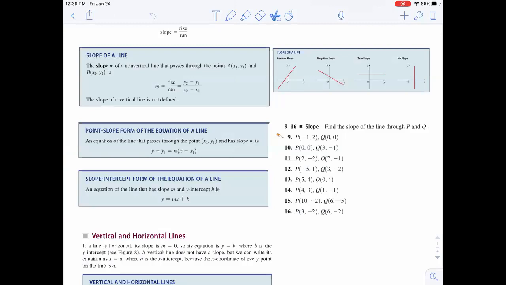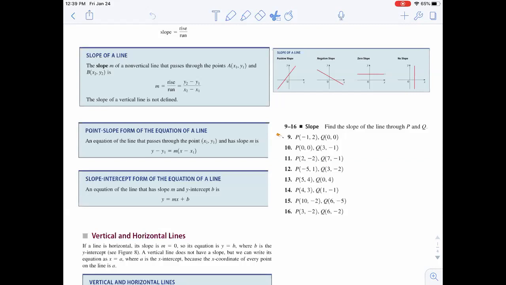We're going to have 2 ways of finding the equation of a line, or defining the equation of a line if you want. The slope-intercept form requires that we know the slope and that we know the y-intercept. Y equals mx plus b is the slope-intercept form, where b is the y-intercept and m is the slope. I want you to start just defaulting to the point-slope form of a line, which says that I don't need to have that specific point of the y-intercept.